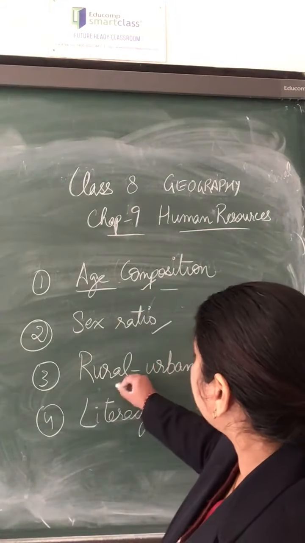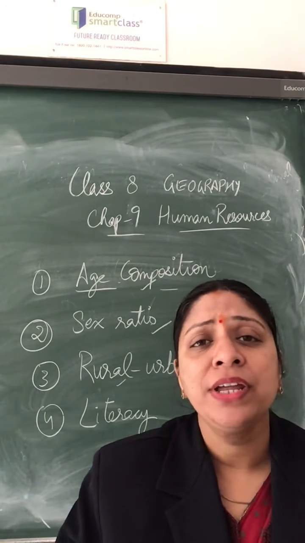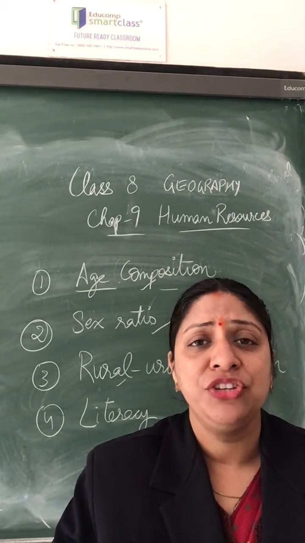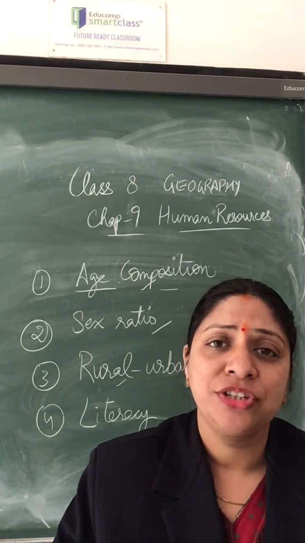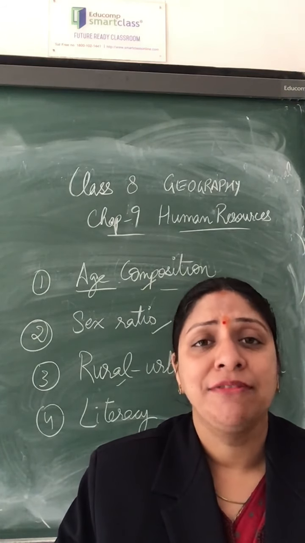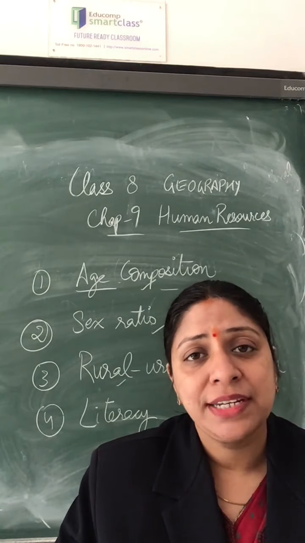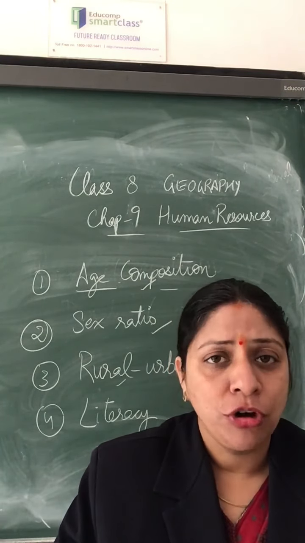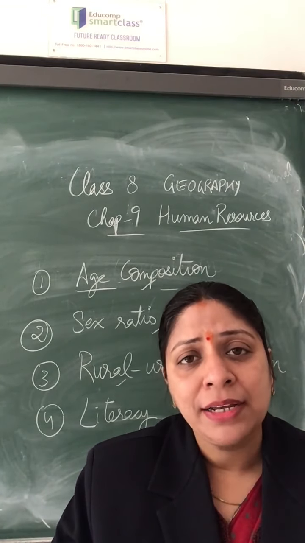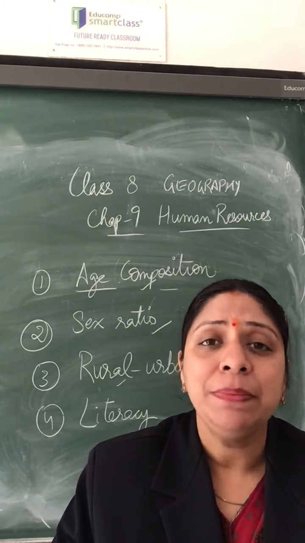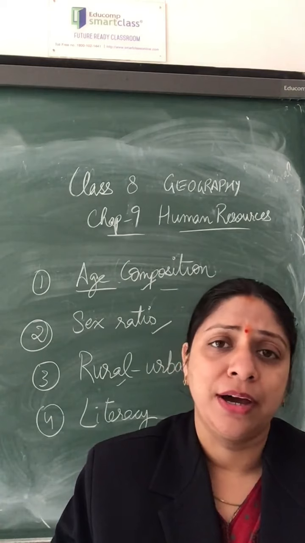The third thing is the rural-urban composition. Our country has varied features of both rural and urban parts. Rural means villages, urban means the more developed cities and towns. In the cities, more facilities are there, maybe for jobs, maybe for the child's education, maybe for medical care, and therefore people mostly prefer to move from rural to urban areas.